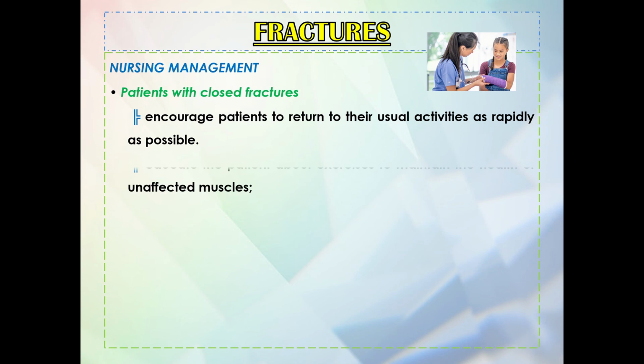For patients with closed fractures, what is our nursing management? A closed fracture means the fracture did not come out through the skin. As a nurse, we encourage patients to return to their usual activities as rapidly as possible, and educate the patient about exercises to maintain the health of the unaffected muscles.